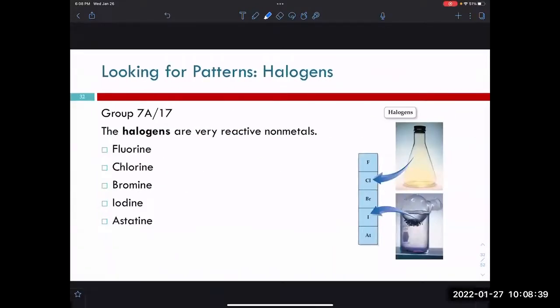The halogens, now moving to the other side of the periodic table: fluorine, chlorine, bromine, iodine, and astatine are very reactive in their pure forms. And here, I think, is actually the opposite of the alkali metals, where fluorine is the most reactive and astatine is the least reactive of the series, so reactivity increases going up.